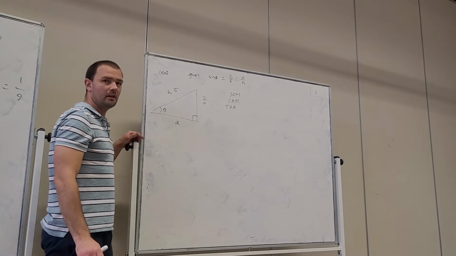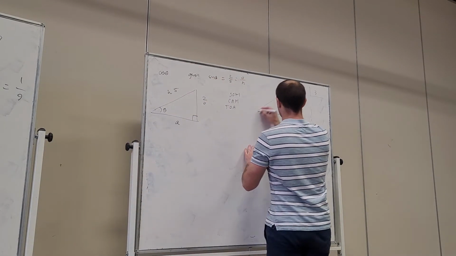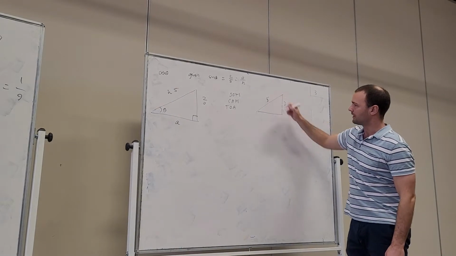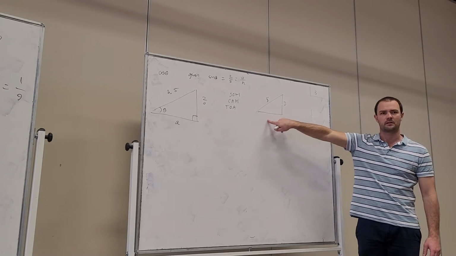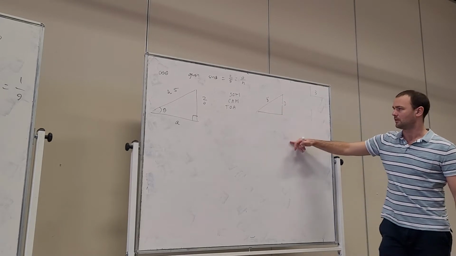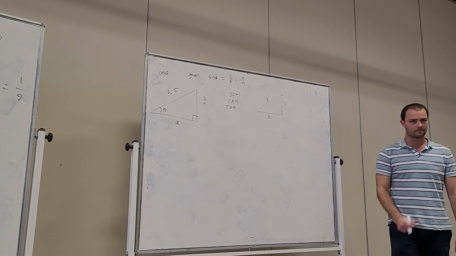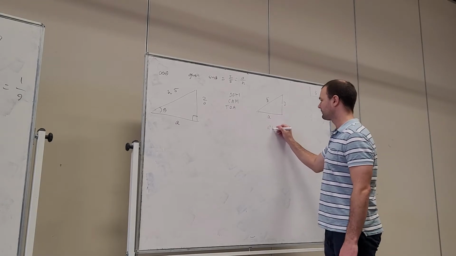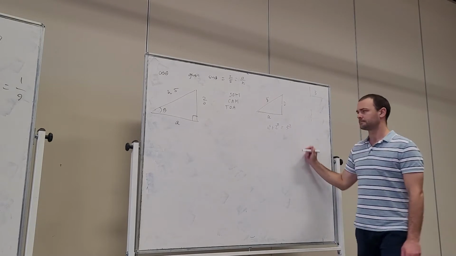Okay, and now we've got this right angle triangle, looks like this. We've got 5 and 2, and we can use Pythagoras theorem to find this side. Let's call it A, because it is the adjacent side that we're trying to find. And we've got A squared plus 2 squared equals 5 squared.